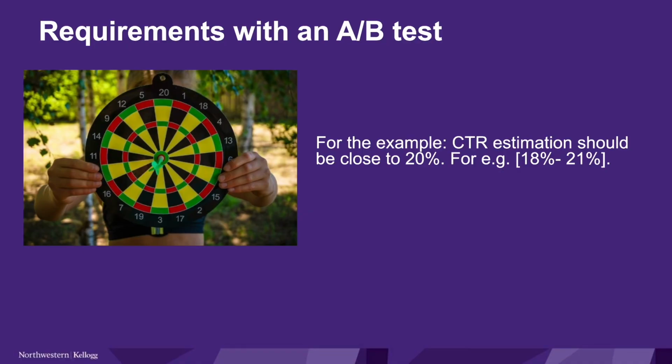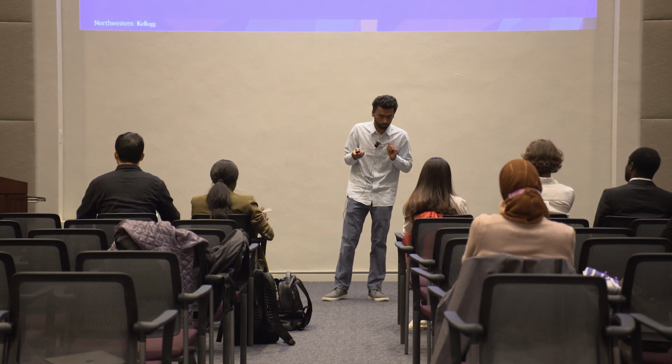Suppose, for the example I provided, it was 20%. You would like it to be somewhere around 18 to 21, just as an example. If it is not very close to 20%, that would lead to a wrong decision, and you might implement a website design which would harm you by generating less revenue.